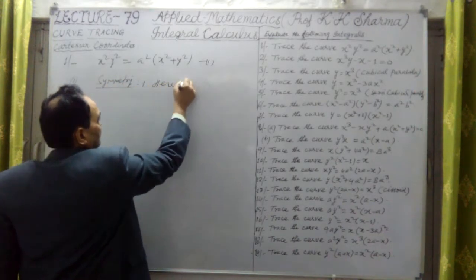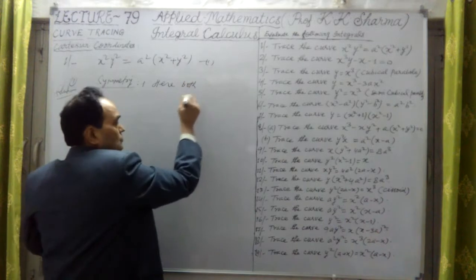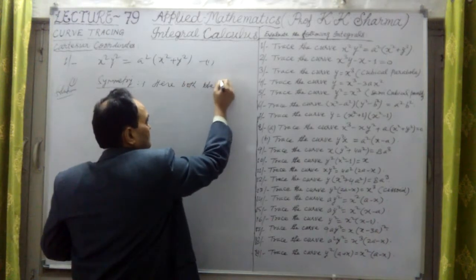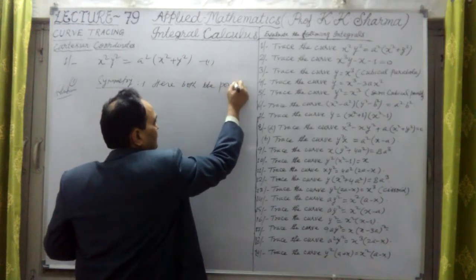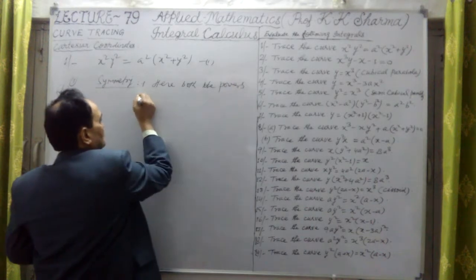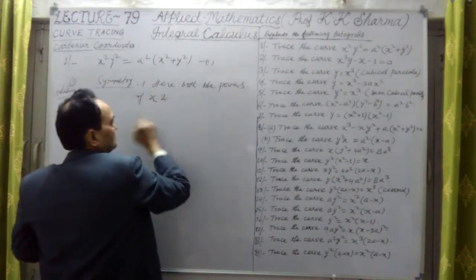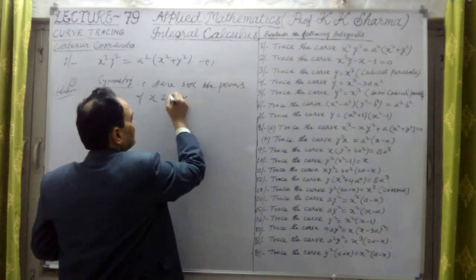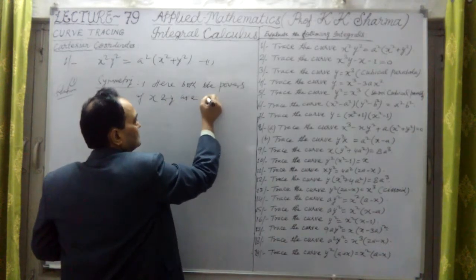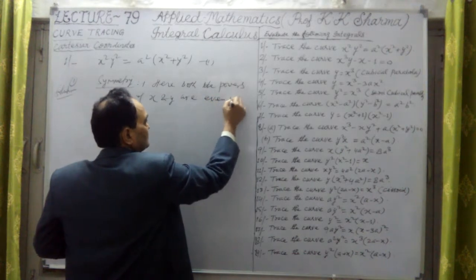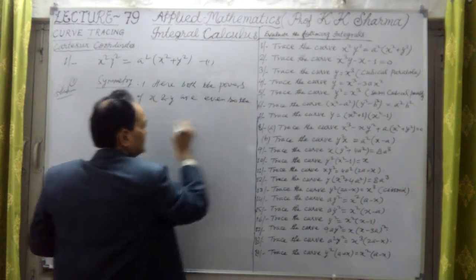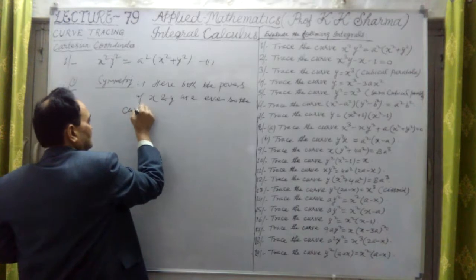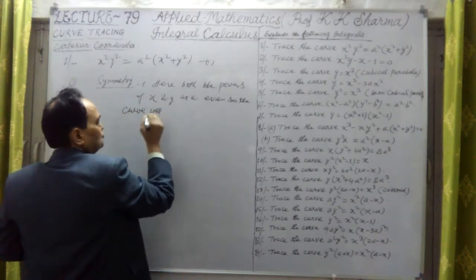Here the powers of x and y, both the powers of x and y are even. So the curve will be symmetric to both the axes.